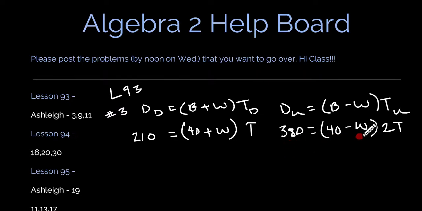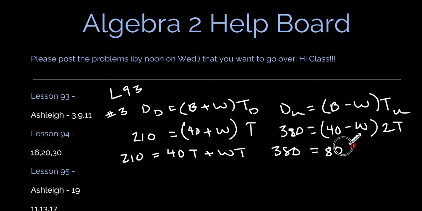So time downstream is t, the time upstream is 2t. Let's just multiply that through. So we get 210 equals 40t plus wt, and 380 equals 80t minus 2wt. We're going to solve these simultaneously.